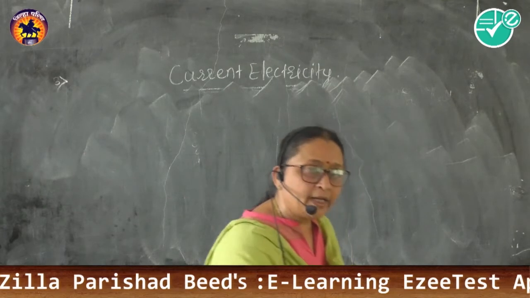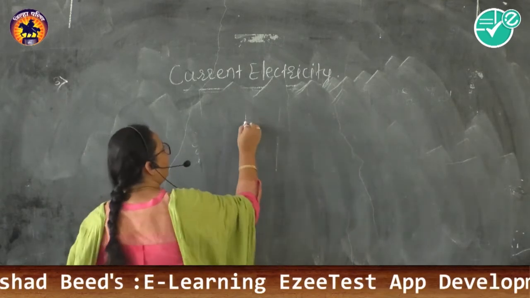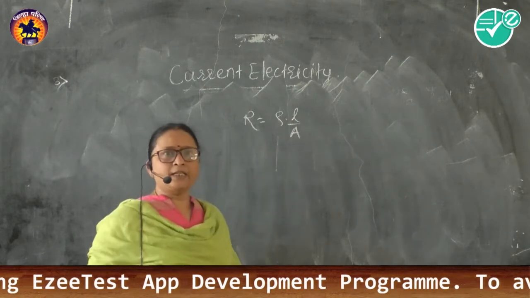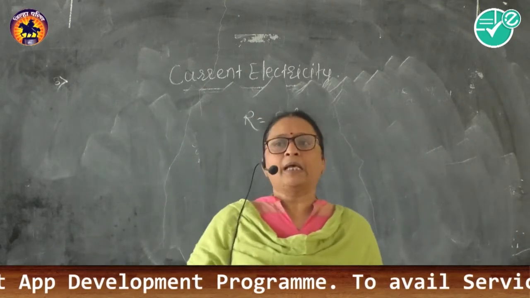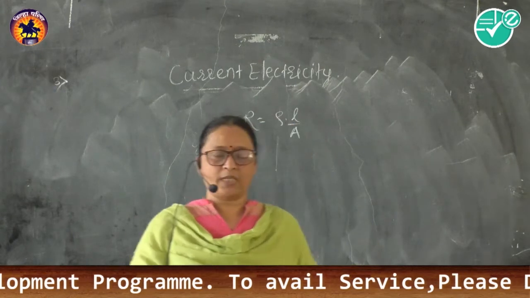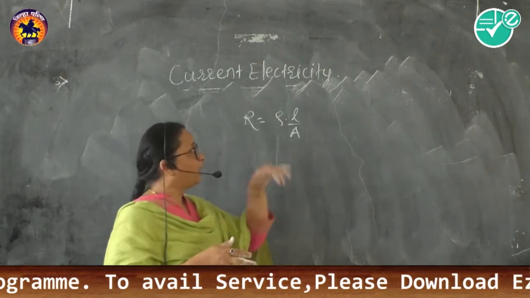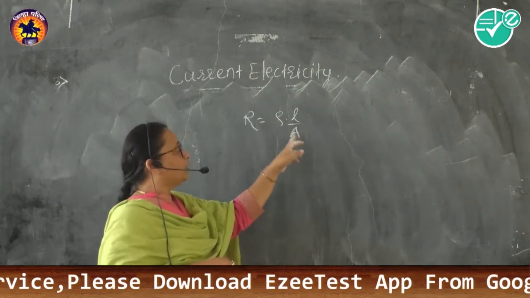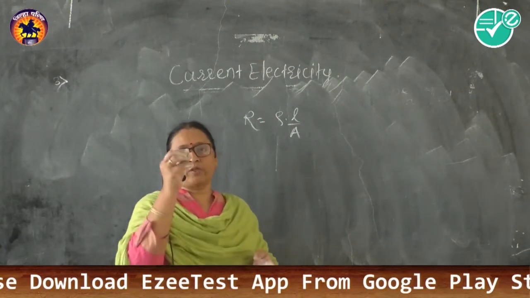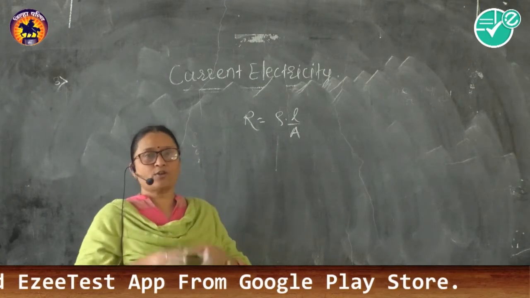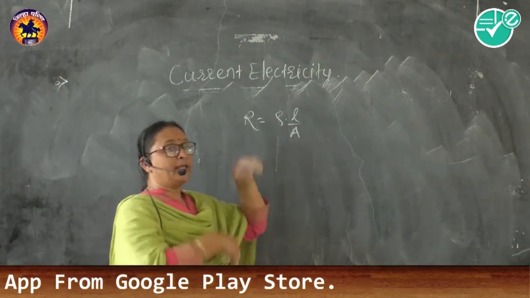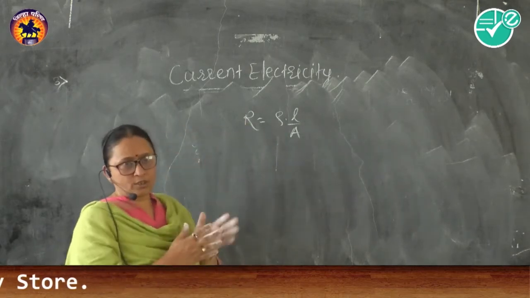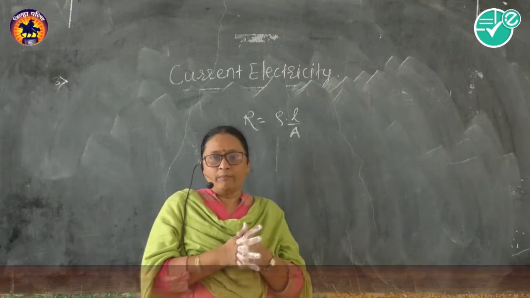Then you can calculate the resistance of the conductor by the formula R is equal to rho into L by A. But I think it is quite a lengthy and complicated process, because in this process we have to measure initially the length of that conducting wire. Area of cross section means we have to measure the radius of that wire. Then we have to calculate its area, and then we have to measure the resistance of that conductor.